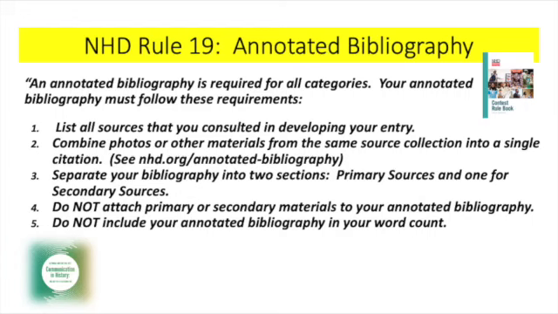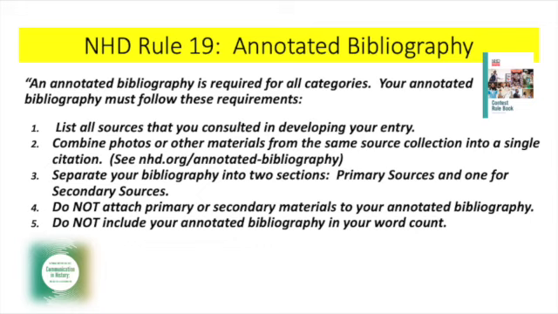There is a National History Day rule on annotated bibliography. An annotated bibliography is required for all categories. Your annotated bibliography must follow these requirements. Number 1, list all the sources you consulted in developing your entry. 2, combine photos or other materials from the same collection into a single citation. 3, separate your bibliography into 2 sections.